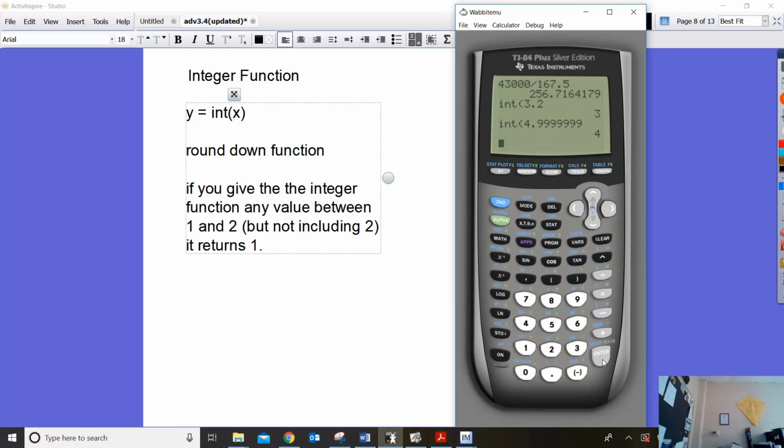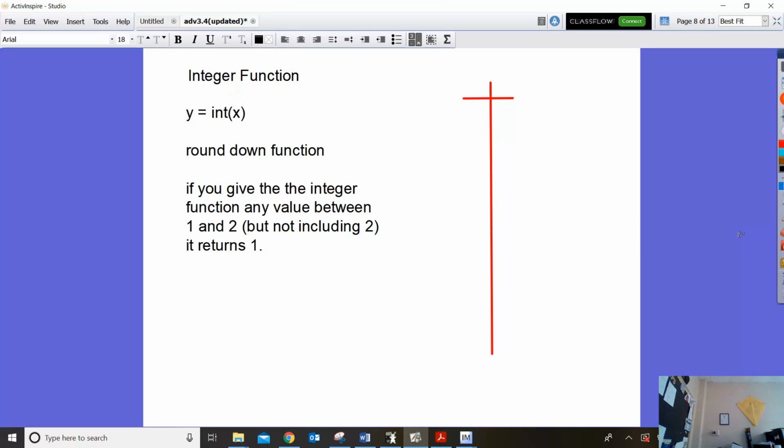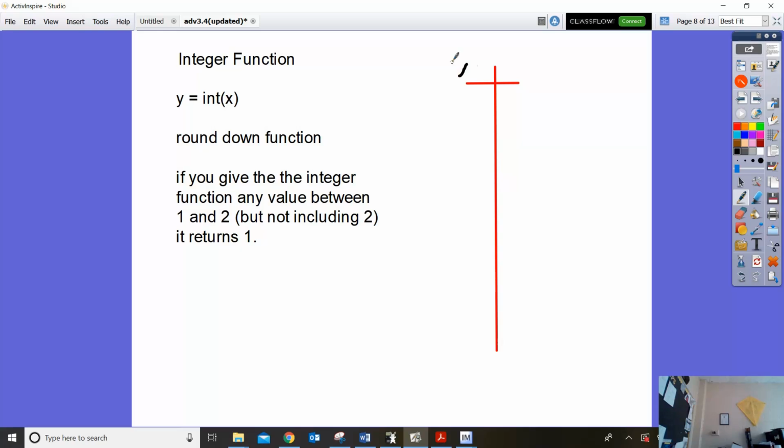I've got a table off this side, and I know this is going to confuse some kids. I don't mean to do that. I really don't. If x is between -5, including -5, all the way to -4, but not including, it's going to return -5 the entire time.